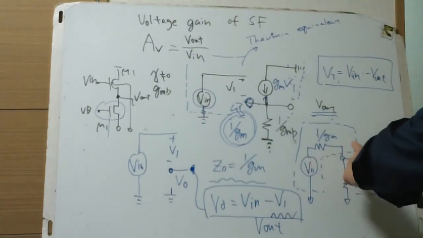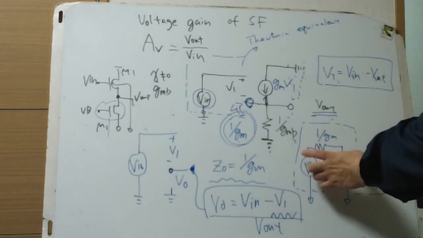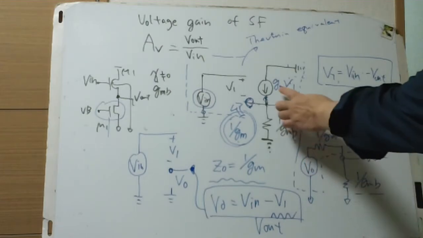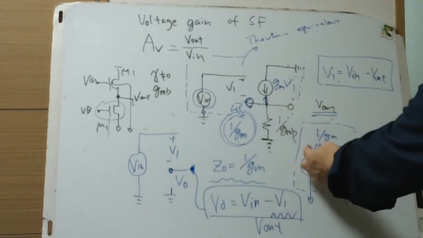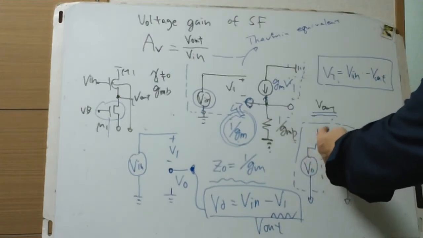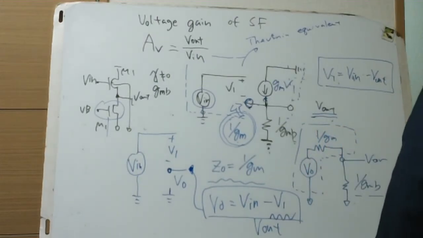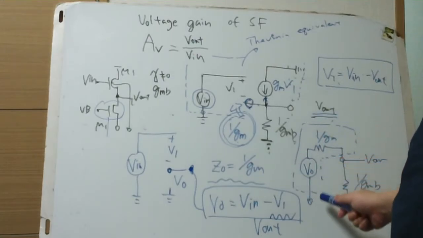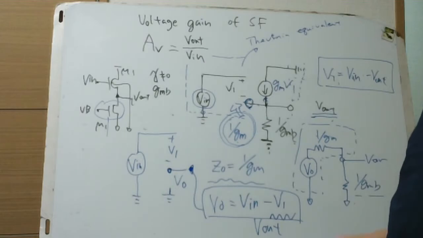Vin minus V1, because this is V1, and V1 GM is this current. What kind of Thevenin equivalence is there? Oh. So the tricky method. This is tricky.